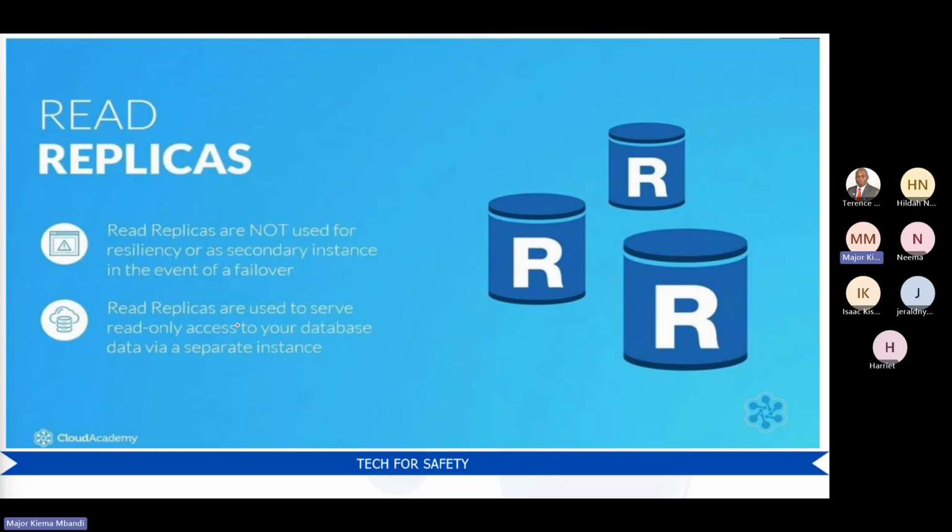Read replicas are used to serve read-only access to your database data via a separate instance. So if your database has a lot of read traffic, there's no need to provision a duplicate database with read and write. You can just provision a read replica to serve read traffic, so you can direct all read traffic to the read replicas.